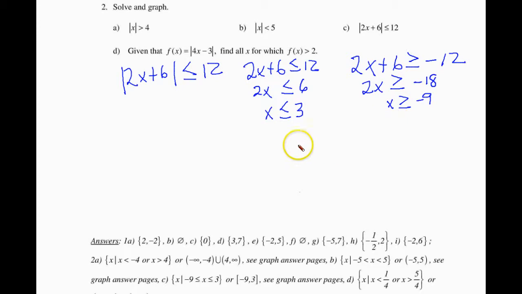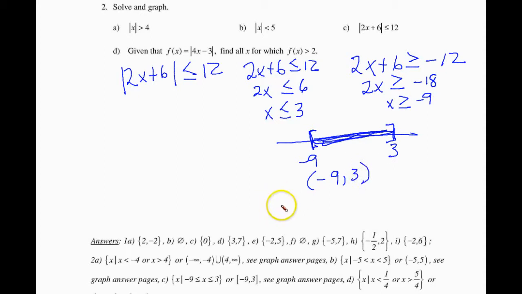Okay, so graphing it, we have our negative 9, we have our 3. Now, since this is a conjunction, we're going to be filling in between these. And in interval notation, it's negative 9, comma, 3.